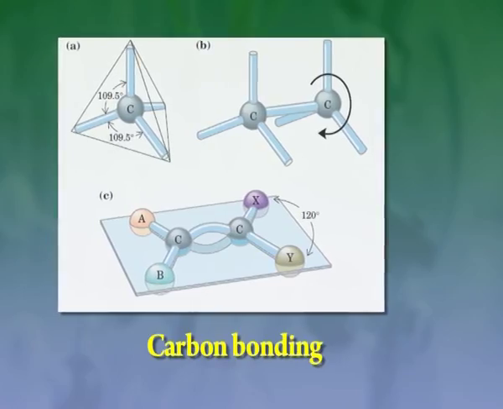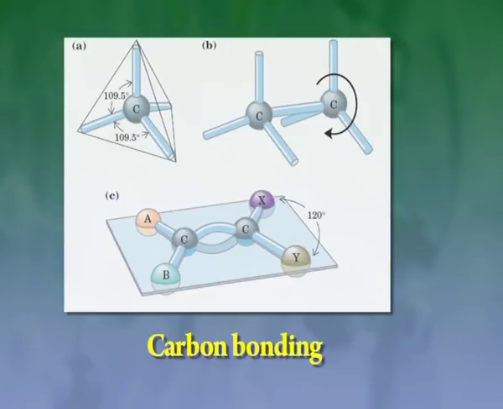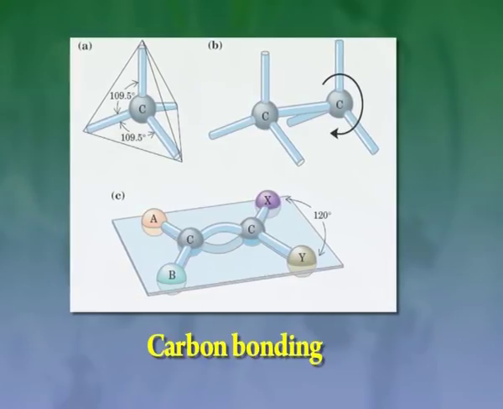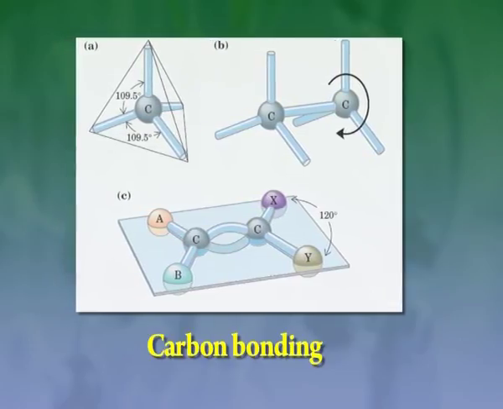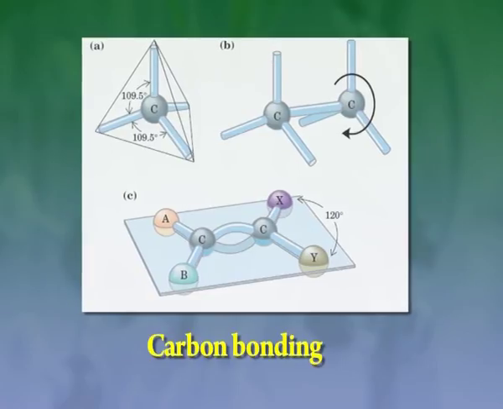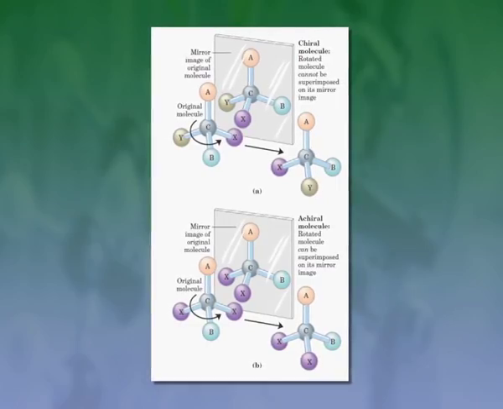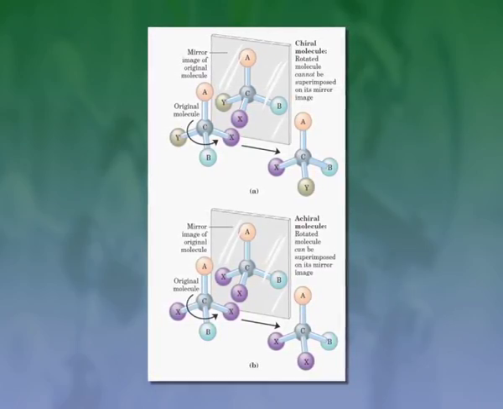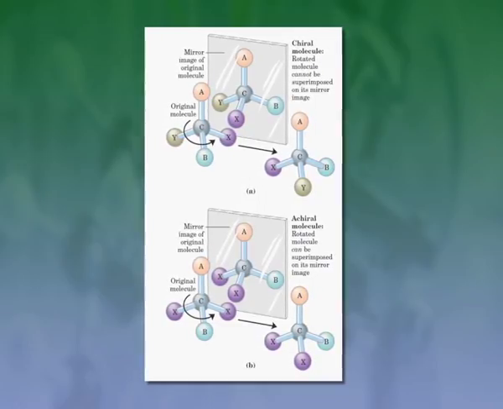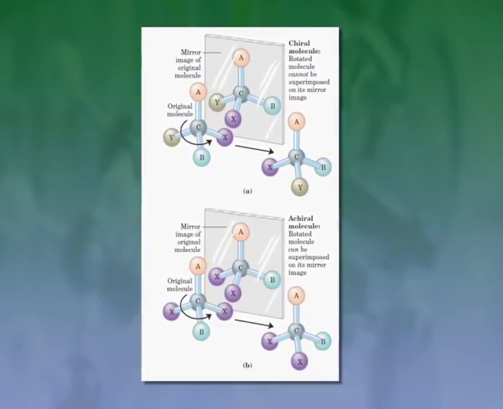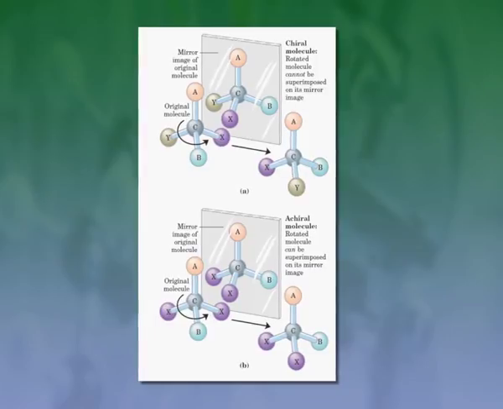Now, if you look at the structure of the carbon, it has 4 valences. It is classically called the tetrahedral carbon atom because the 4 bonds can attach themselves to 4 different chemical groups. When 2 carbons are attached together, 3 bonds are free on each and 2 bonds form the link between both the carbon atoms.